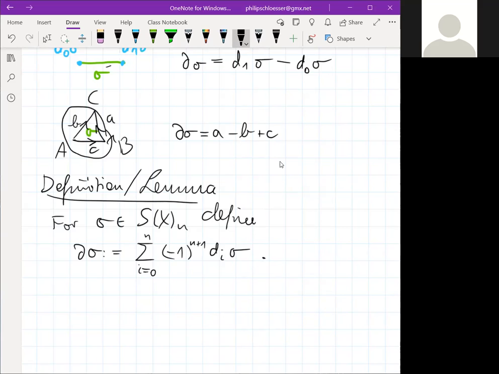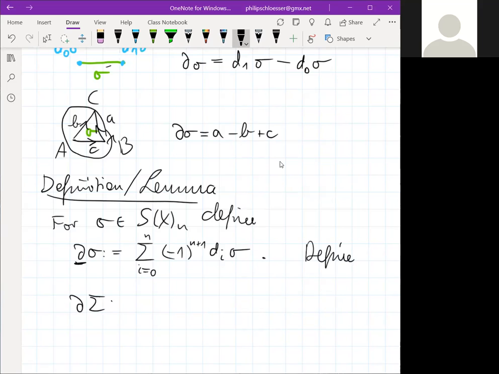Now we can define our boundary operator to be a linear operator, or like a group homomorphism, on all n-chains.